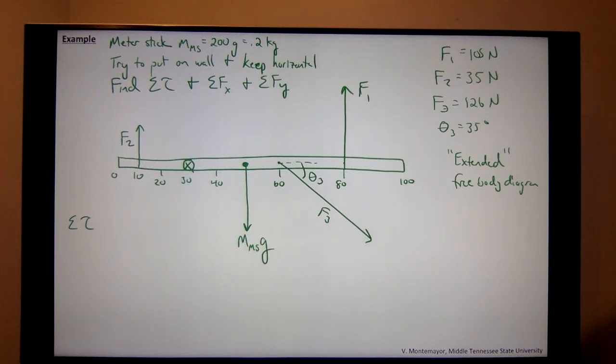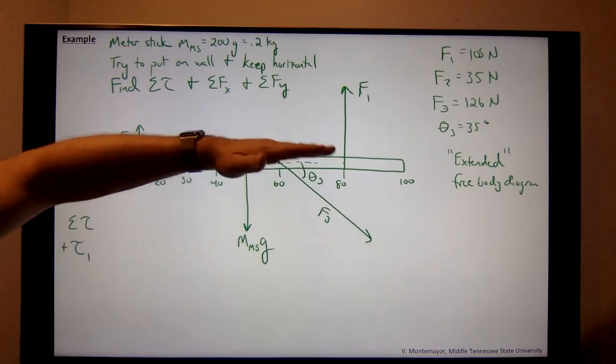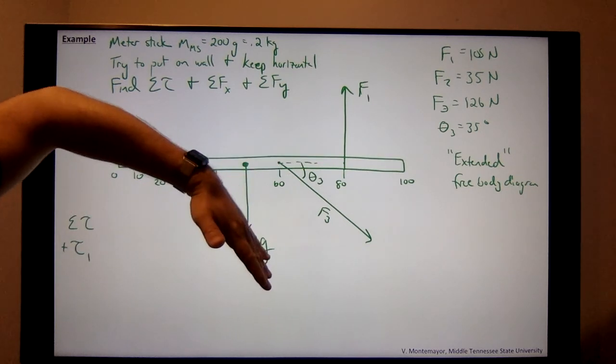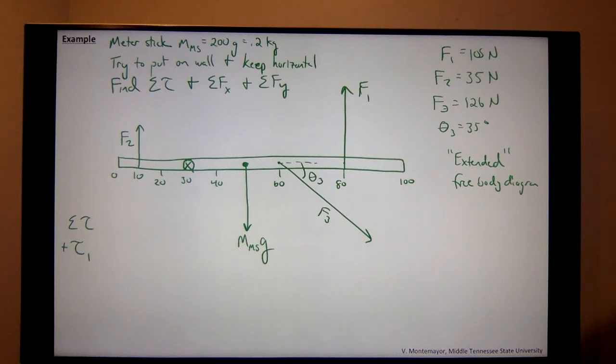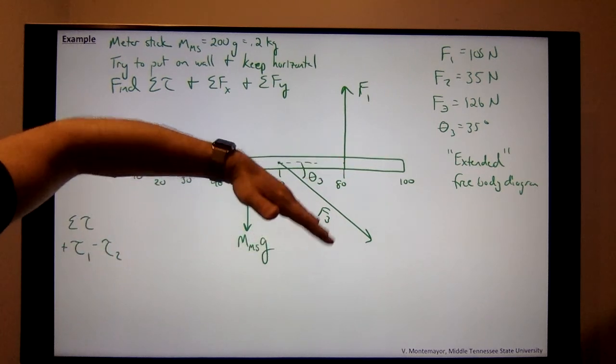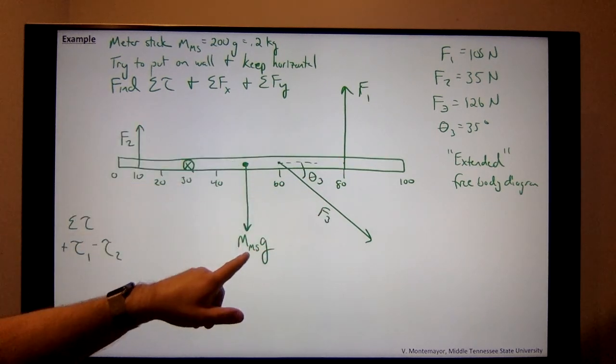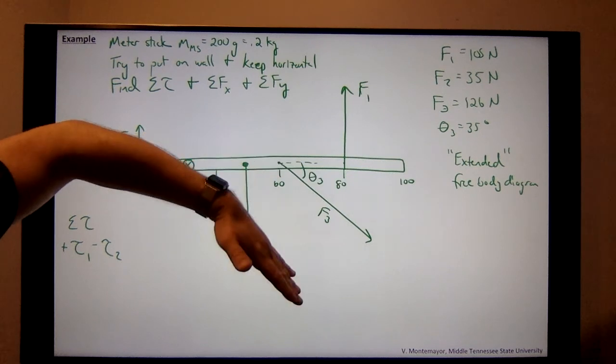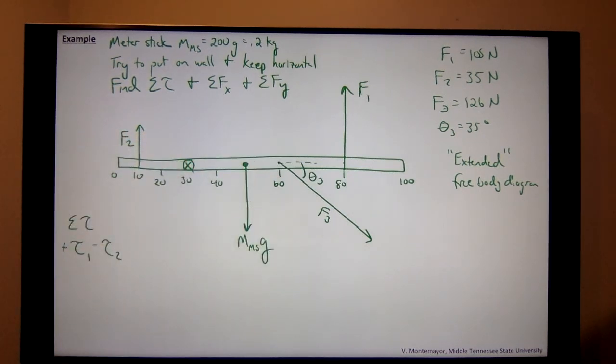So we're going to start by saying positive torque from force 1. Force 2 makes it want to rotate the other way, which is clockwise. So that's going to be a negative torque, so minus torque 2. Force 3 also makes it want to rotate in the clockwise direction, as does the force from the meter stick itself. So those are both negative. So we're going to say negative torque 3 and negative torque from the meter stick.